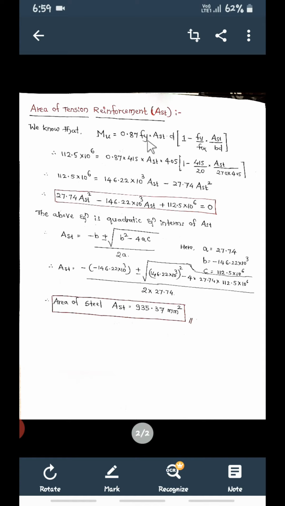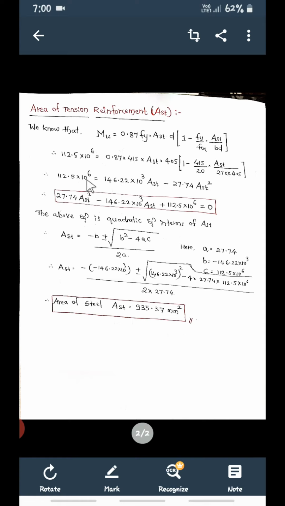So Mu is 112.5 into 10 to the power of 6, 0.87, Fy is 415, AST, then effective depth 405, 1 minus 415 divided by 20 into AST, keep as it is, divided by 270 into 405.